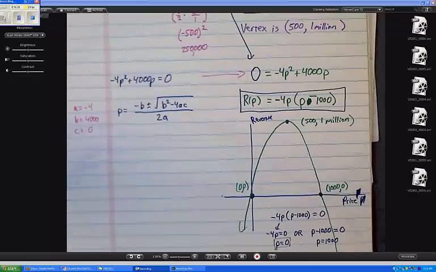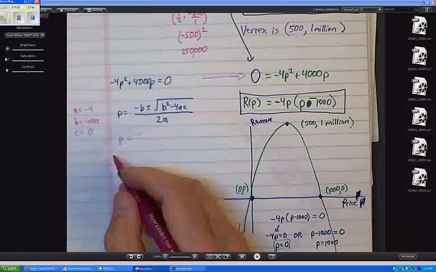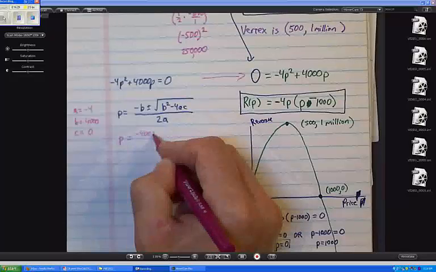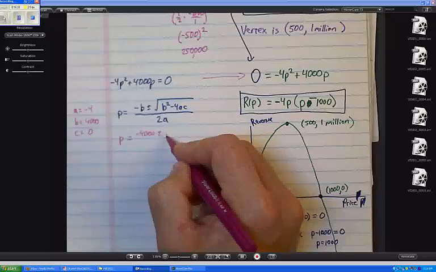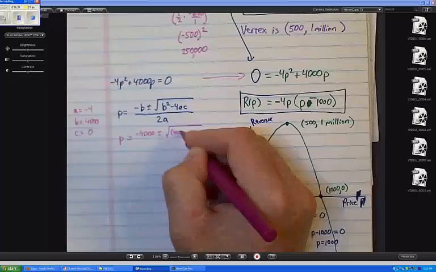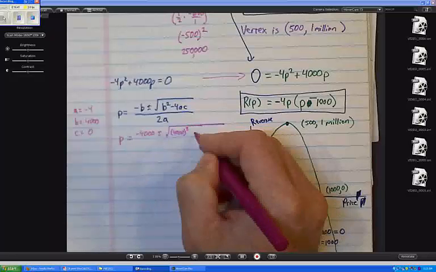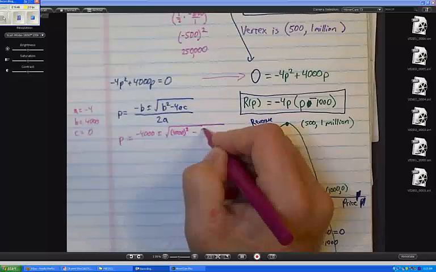My formula, when I plug those in, I'm going to get P equals, where it says negative B, I would write negative 4,000 plus or minus the square root of what? Well, whatever 4,000 squared is, I'm not going to figure that out right now. I don't have a calculator. Minus what? It's going to be 0. Do you see that? Why is it going to be 0?